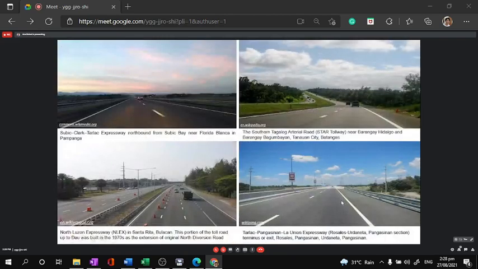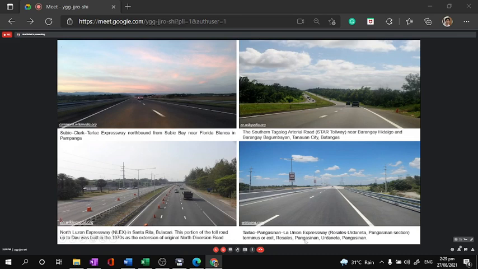Okay, so an example of expressway is the Subic Clark Tarlac Expressway leading to the military Subic Bay area. Southern Tagalog Arterial Road or Star Tollway. So I think that one goes toward the Batangas area. Okay, and then you have here the North Luzon Expressway and Lex. This one is that section of the expressway that has no tollway yet, but ahead of this there is a tollway.